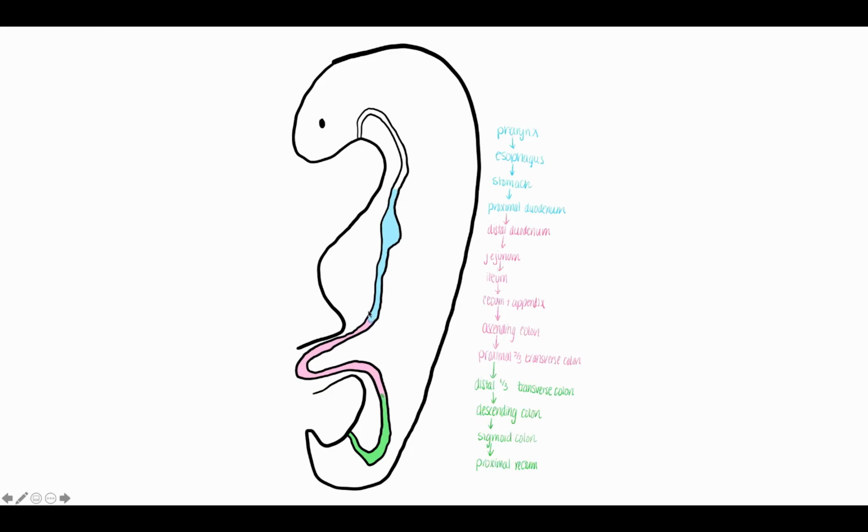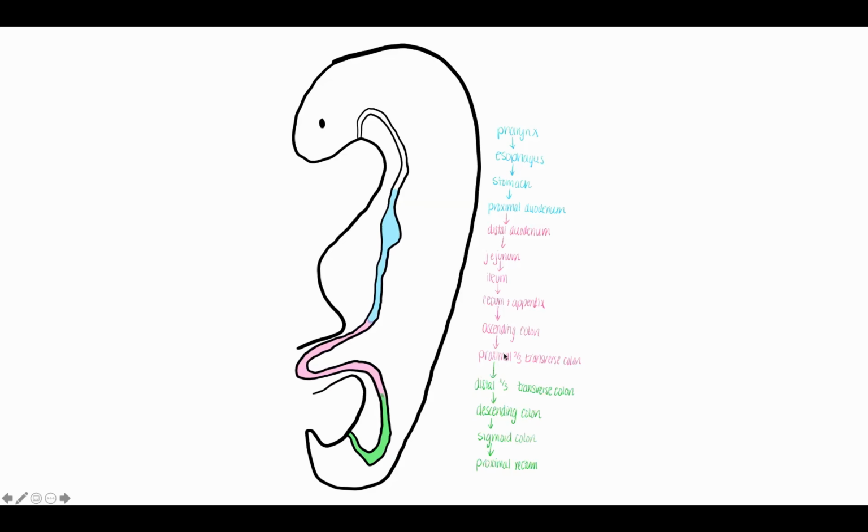And then you're going to transition into the midgut. So the blue is the foregut here, and then the pink is going to be your midgut. So this is going from the rest of the duodenum all the way through about the proximal 2/3 of the transverse colon. And then you transition into the hindgut here, which is the rest of the transverse colon all the way through the proximal part of the rectum.